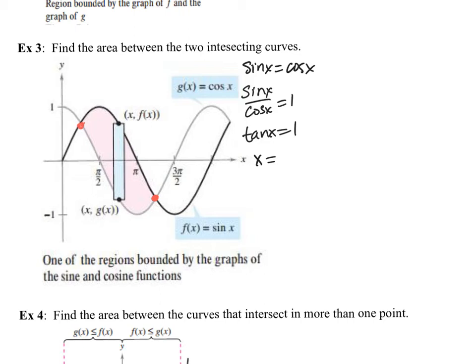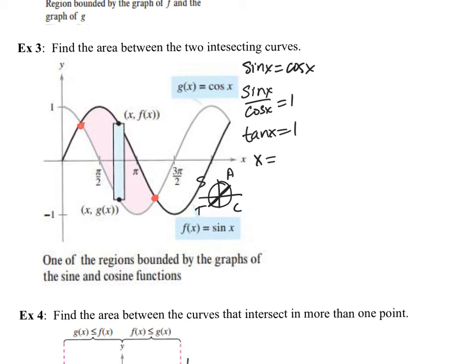So it might be helpful to take a look at the unit circle. On the unit circle, where would tangent be equal to 1? Well, tangent is equal to 1 where sine and cosine are the same. So that would be at pi fourths, and then again at 5 pi over 4. Now the reason why we're going to pick those two is, I need to remember the sign of these trig functions in each quadrant.